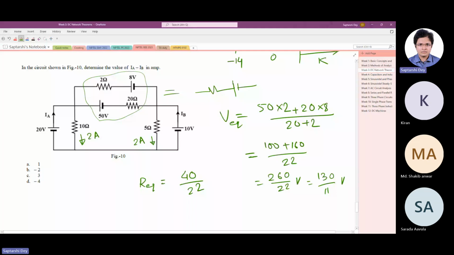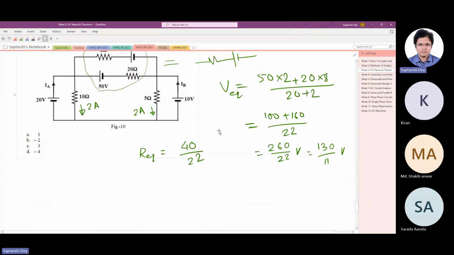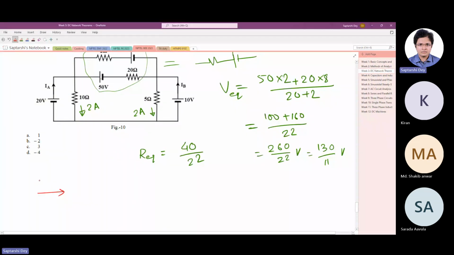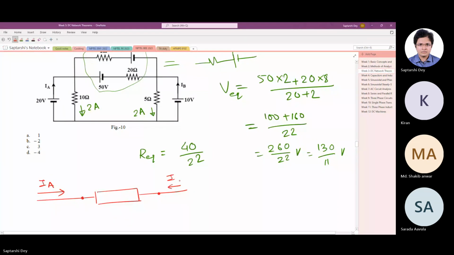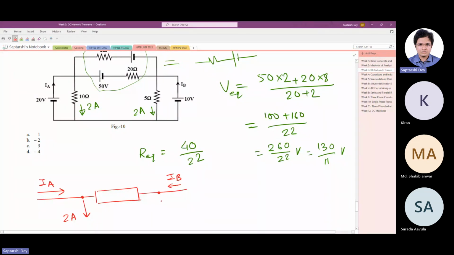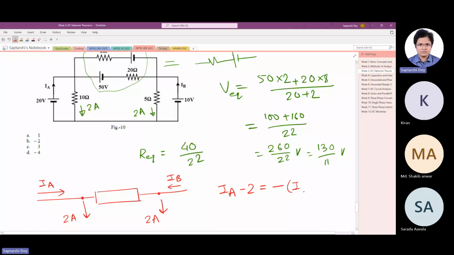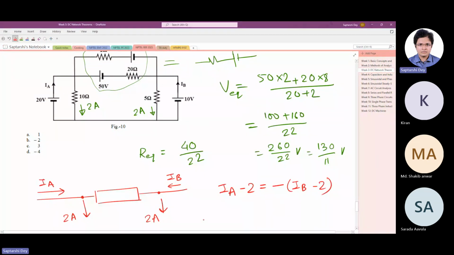I think this is easier. So basically what we have is, see, IA was coming in this fashion through this node, and there is something here, and IB was coming, and of which 2 ampere goes out and 2 ampere here also goes out. So basically what we have is IA minus 2 equals minus of IB minus 2.